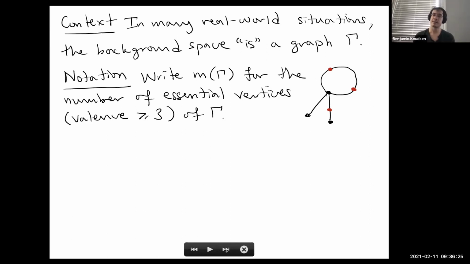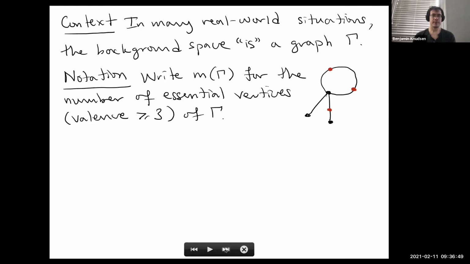So a bivalent vertex is sort of extra combinatorial data that is not remembered by the space. And a univalent vertex is sort of not there up to isotopy in the same way that the boundary of a manifold is not there up to isotopy. So the essential vertices are sort of the isotopy invariant information about the graph.